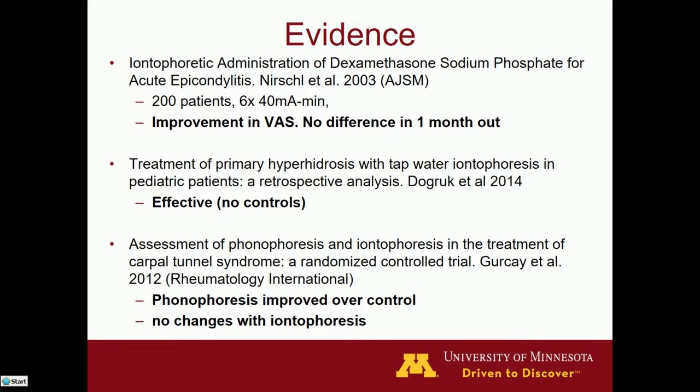The third one on this slide, the assessment of phonophoresis and iontophoresis in the treatment of carpal tunnel syndrome. This study actually showed that phonophoresis is better than iontophoresis, but there's other research out there that would say phonophoresis is not effective.